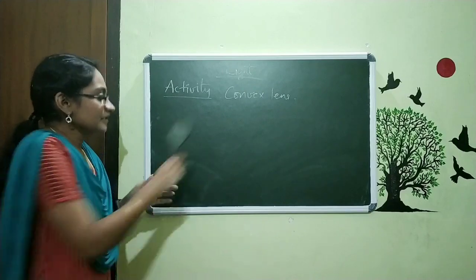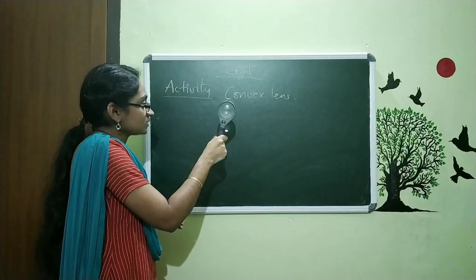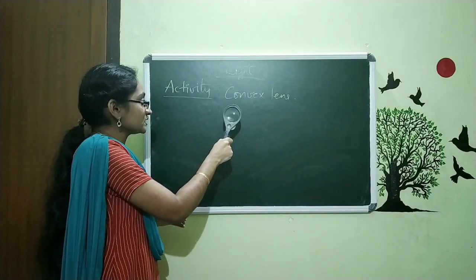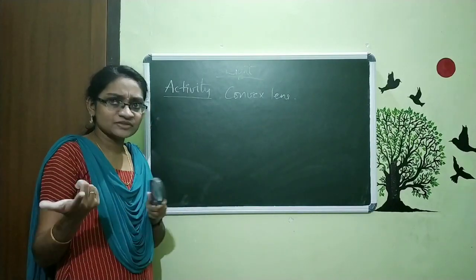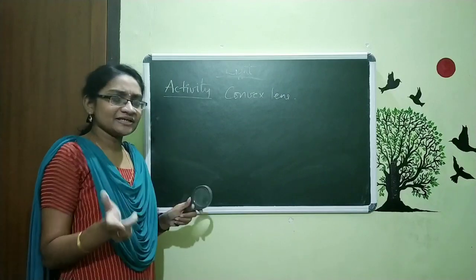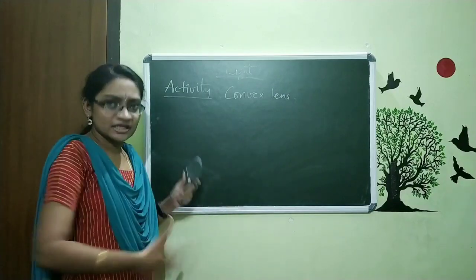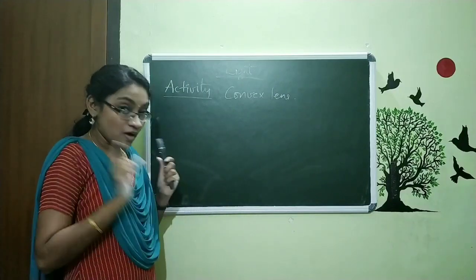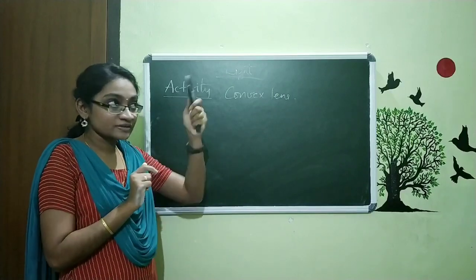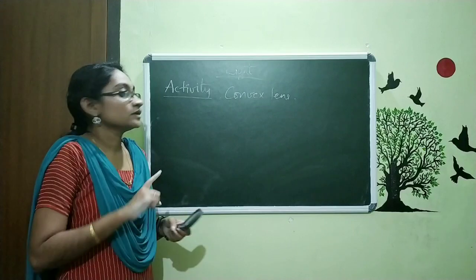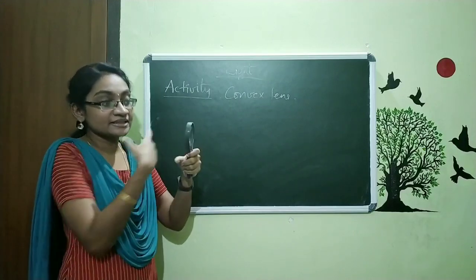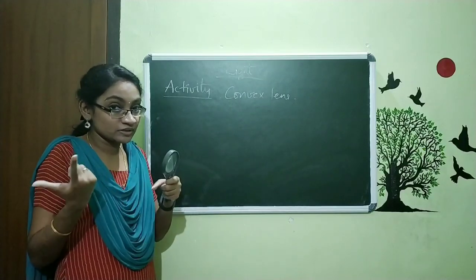I don't know if it is possible to see in the video, but you may have a lens in your home, so you can try to focus light on a wall using a bulb. Don't look through the lens at sunlight. That will definitely damage your eyes. That I am always telling. Don't look at the sun directly through the lens.